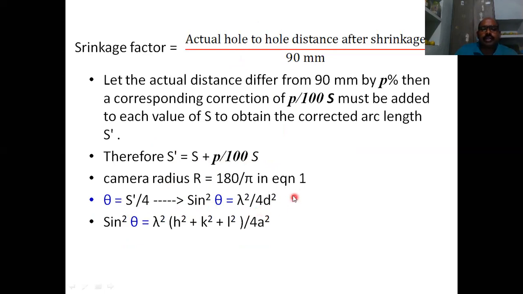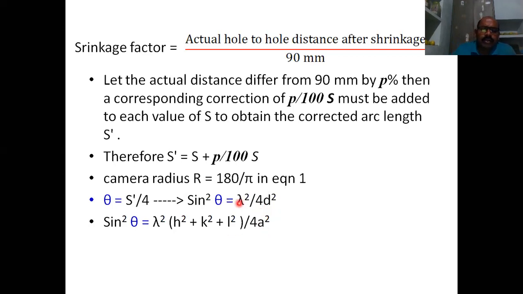So it is the equation from Bragg's law. 2d sin theta is equal to n lambda, and if n is equal to 1, sin theta is equal to lambda by 2d. Sin square theta is equal to lambda square by 4d square.